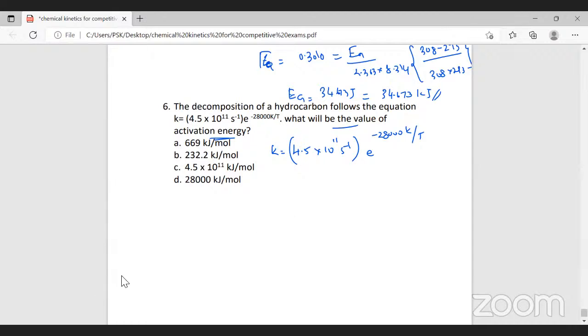We know that from Arrhenius equation, K is equal to A into e to the power minus EA by RT. Now, what's the given equation?